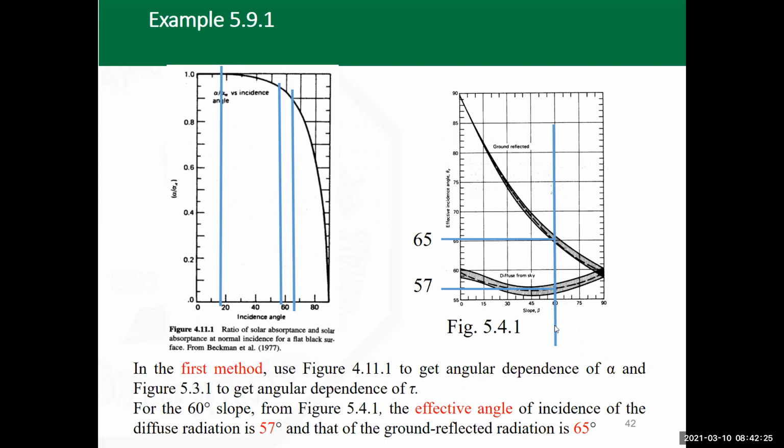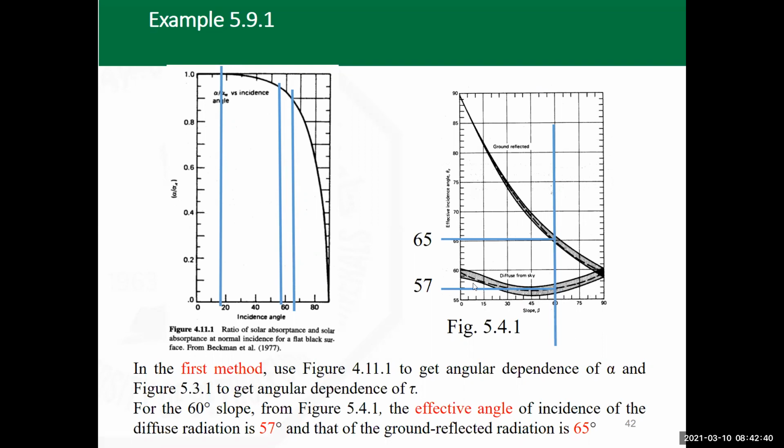For the diffuse radiation, the slope that we have for the surface is 60. So the effective angle for diffuse radiation can be obtained from this figure at 60. You construct a vertical line, and here we refer to the dashed line.